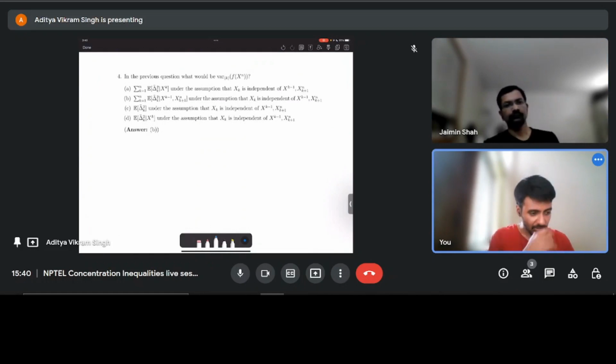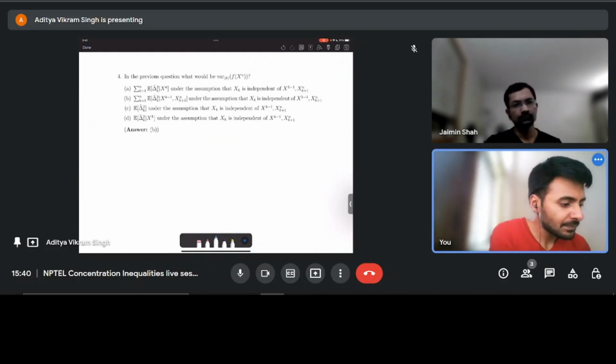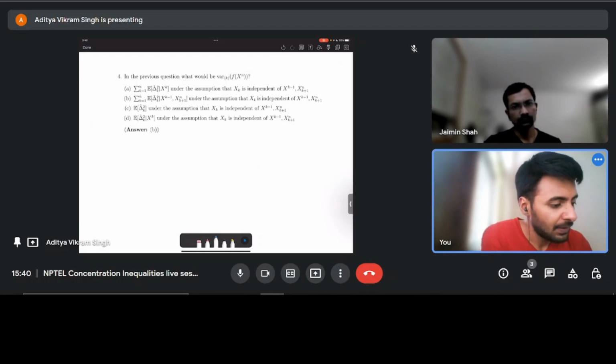Now, in the previous question, what would be this variance k of f of xn? If you fix the kth thing, what would be the variance of that?